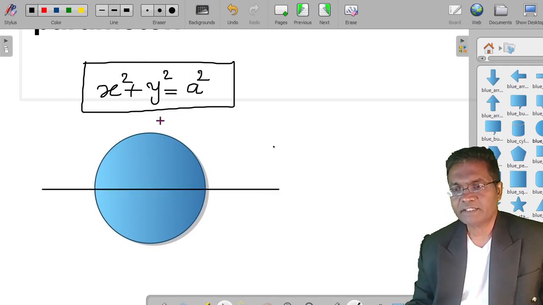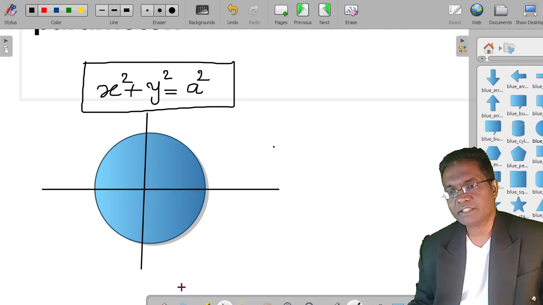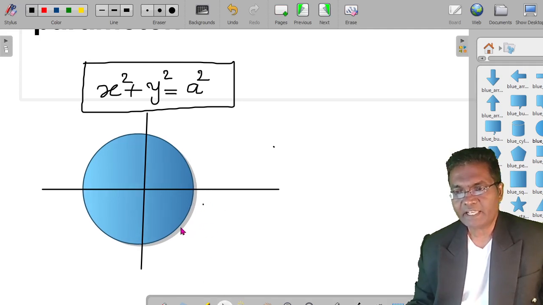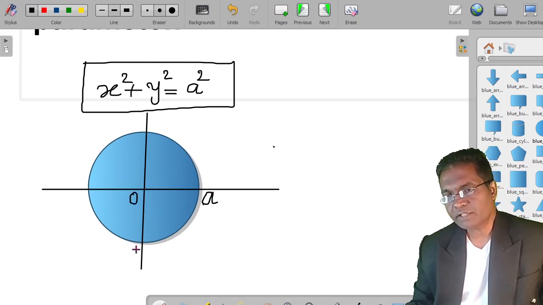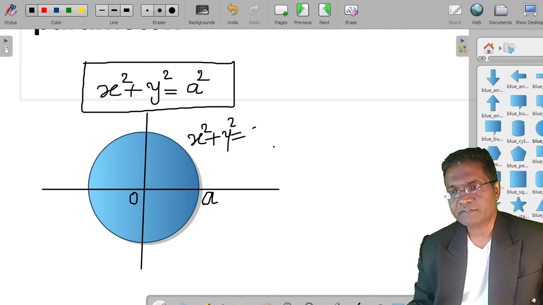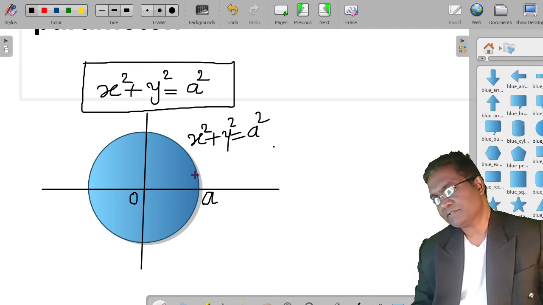It represents the family of circles with center at origin, where the center is at origin and the radius is a. So this is the equation x square plus y square is equal to a square.